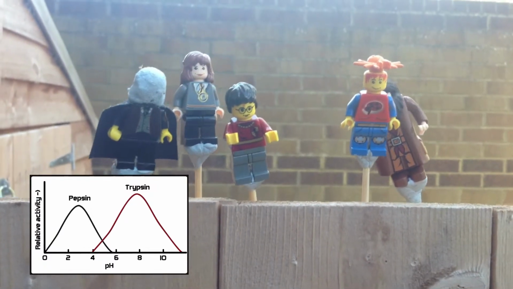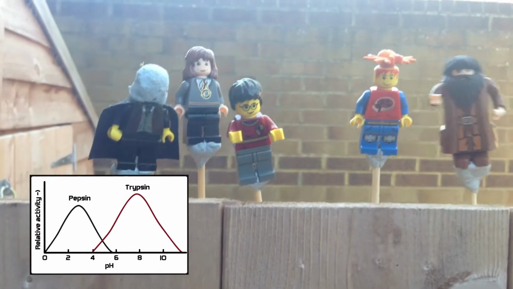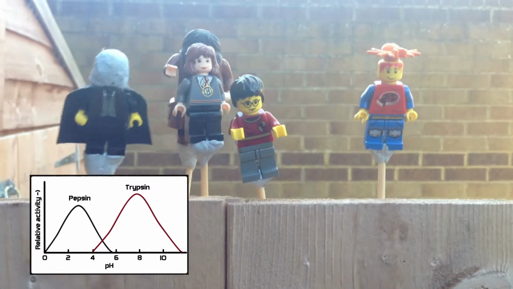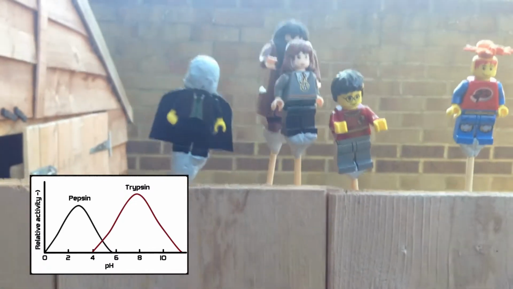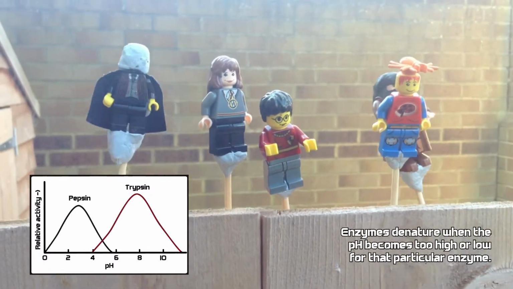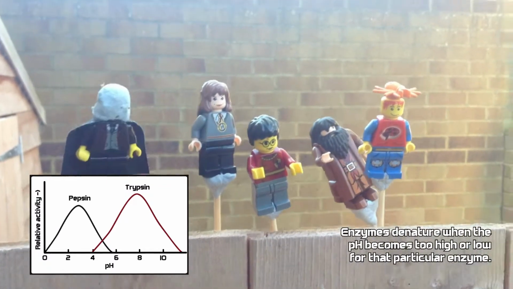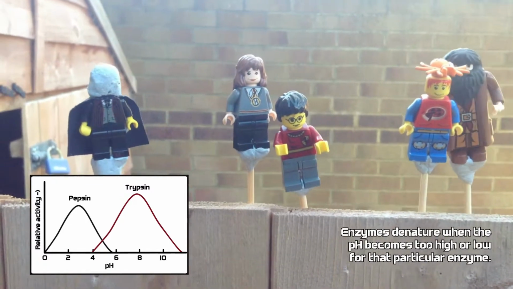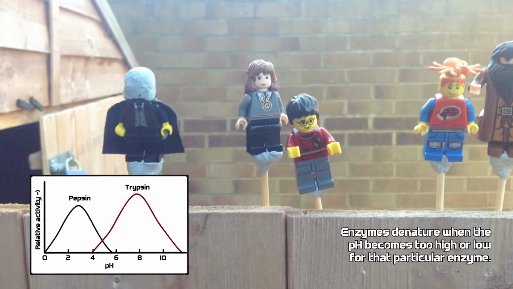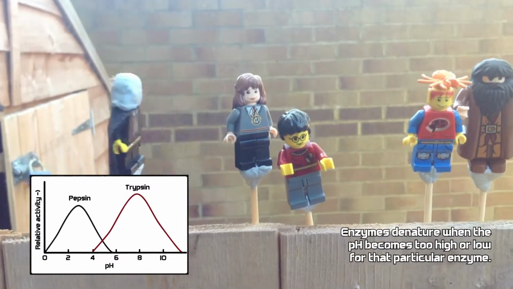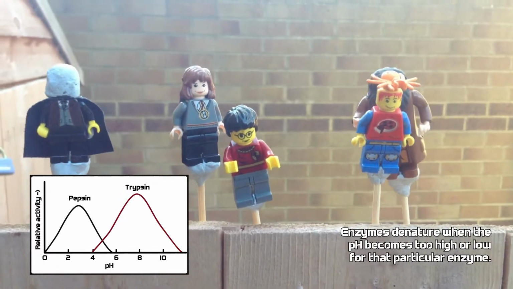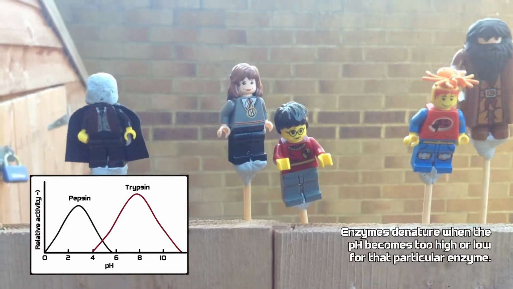If the optimum pH of an enzyme is about 2 to 3, for example, pepsin, that peak would be skewed to the left, resulting in a peak performance at about 1 to 2 and a rapid fall off thereafter. Pepsin and trypsin have different favored pHs and so react at different levels of pH.